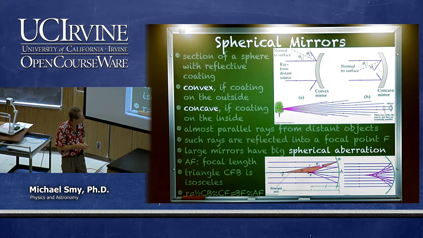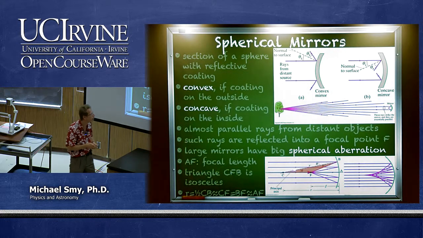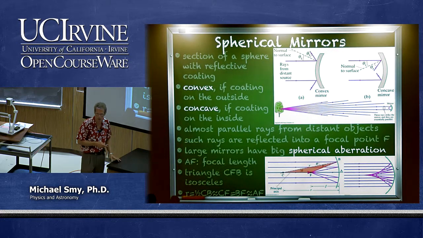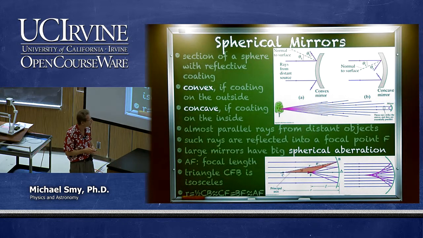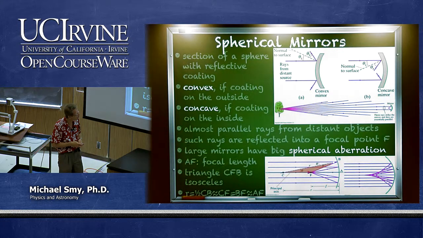Therefore, this angle must be equal to that angle, since a line drawn from the center of the sphere is always a normal direction to the spherical mirror. So this angle equals that angle, and this angle equals that angle. The two angles are the same, and these two distances are the same. The distance CF and the distance FB. And if we now assume that the mirror is small, meaning that B is not too far away from A, then we can approximate the distance BF to the distance AF.